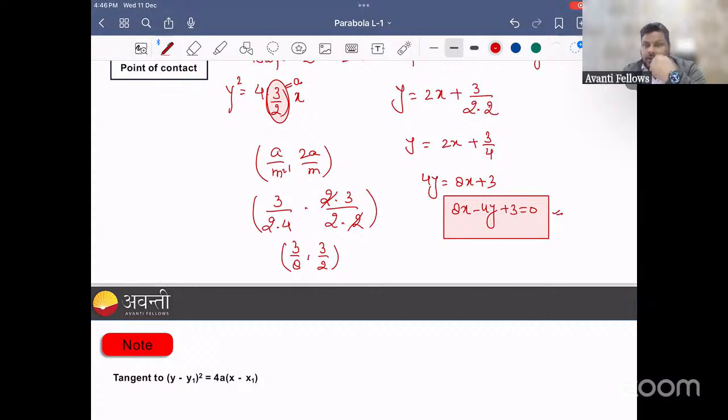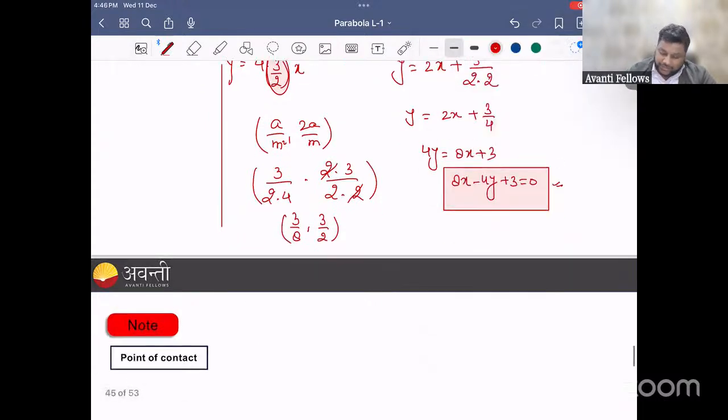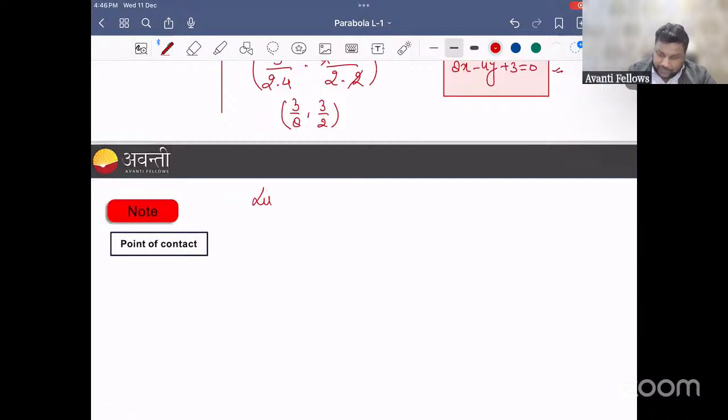All right. Now, how do we get the other way? See, let us assume in the same question the point of contact is x1 comma y1.